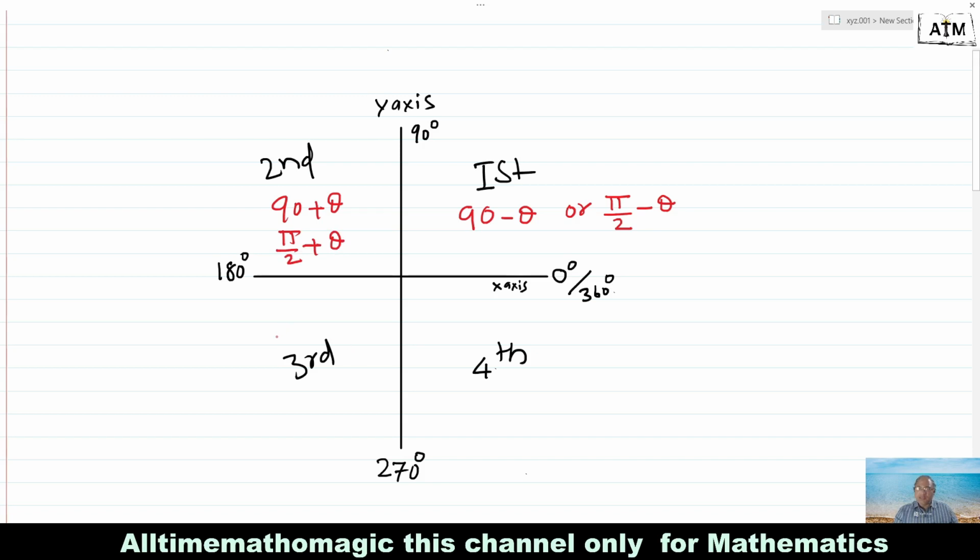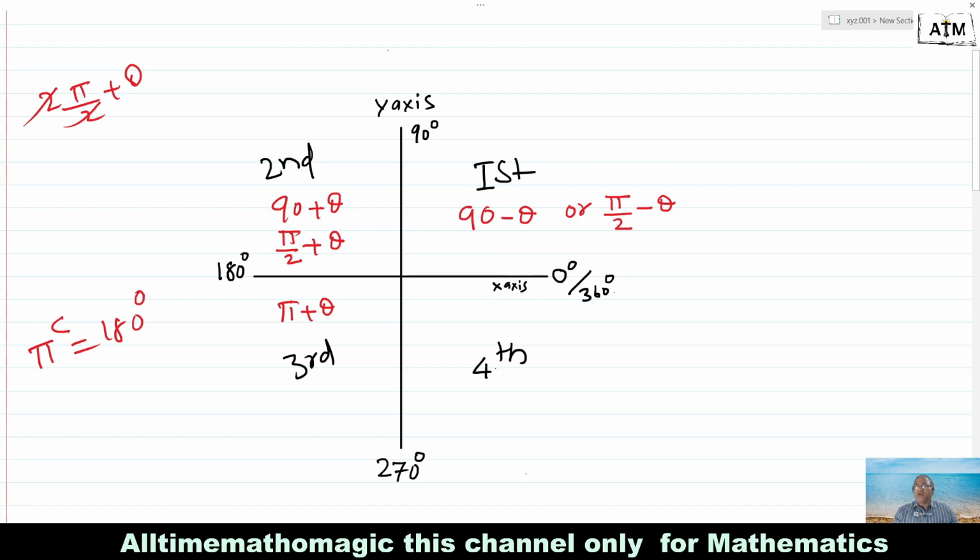And in the third quadrant, any angle is more than 180 degrees. Therefore, it can be written as pi plus theta. Pi by 2 times 2 cancels, giving pi plus theta. So in the third quadrant, any angle is greater than 180 degrees, and we know that pi radians equals 180 degrees.